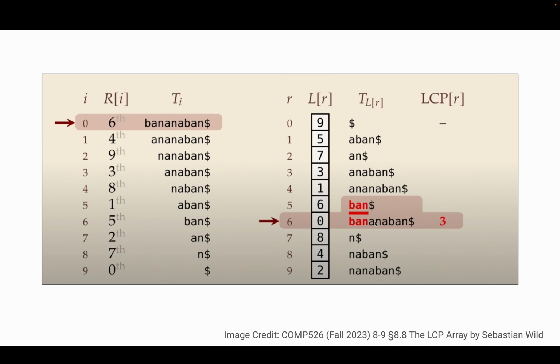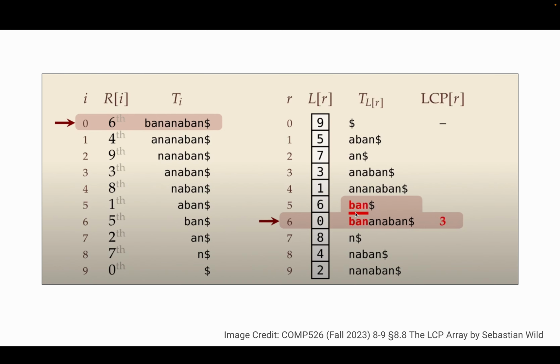So banana ban is a substring, and another substring is ban, and it is positioned just one index above. All we have to do is compare both of these.